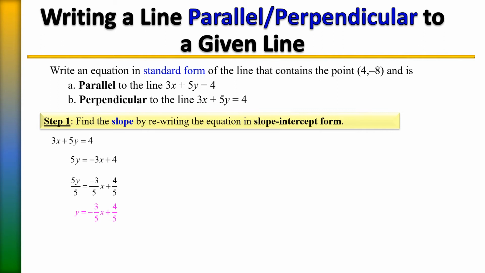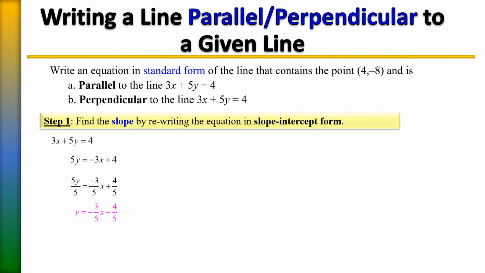So we're going to use that along with the point of (4, -8), and plug it into our formula so that we can identify a line parallel to that. Now keep in mind, parallel lines have the same slope. So when I plug it into the formula, I'm plugging the same slope as this given line because I want a line that's parallel to that one.